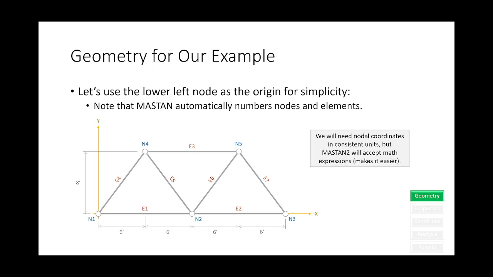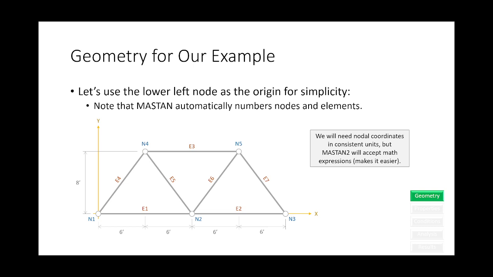So here's the analytical model that we're going to use, and this is figure 2. I'm placing the origin of my coordinate system right here, and here are the nodes that I'm going to use, and here are the elements I'm going to use.